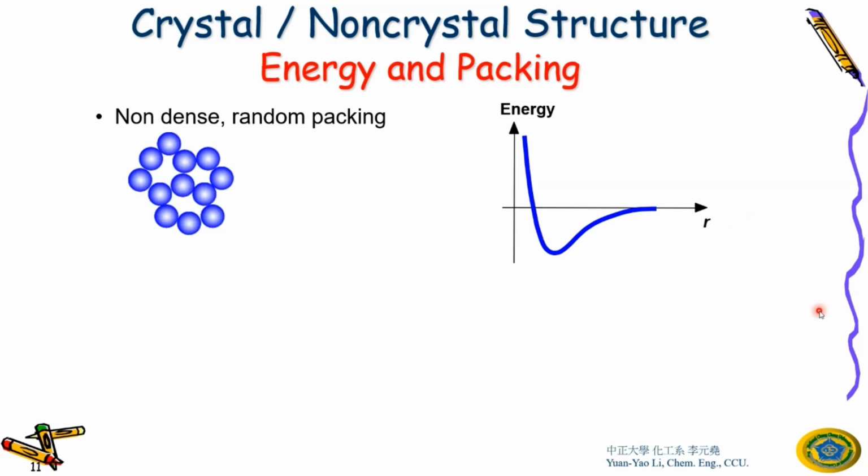So for the energy of the non-crystal structure, you will know that it should be here because they have more distance between two atoms, right? So it shouldn't be at the lowest energy. It should be somewhere around here, which is not stable. Okay, so this is the typical neighbor bonding energy here, and this is the typical neighbor bonding length.